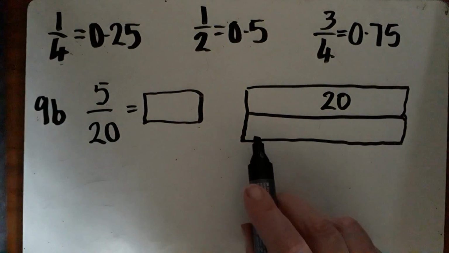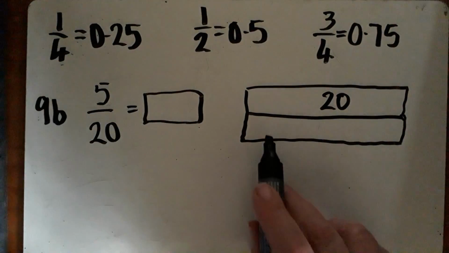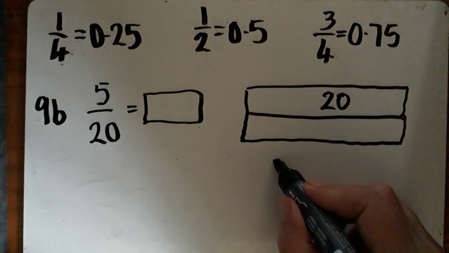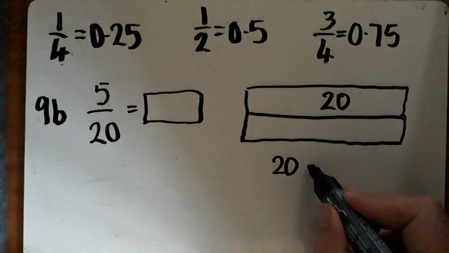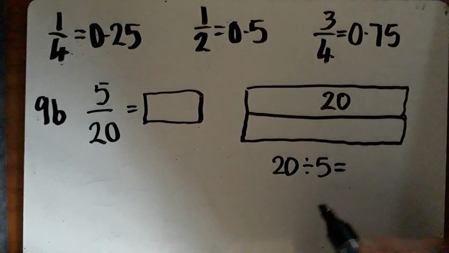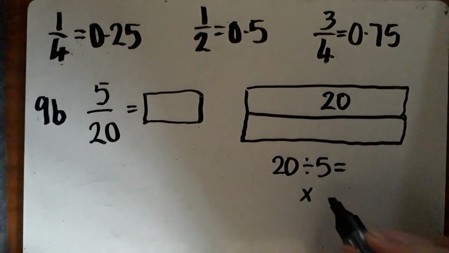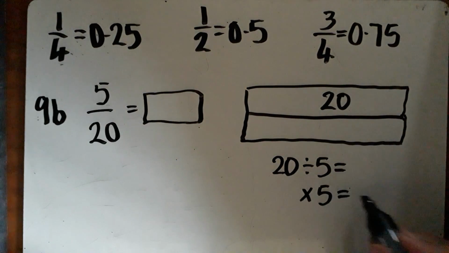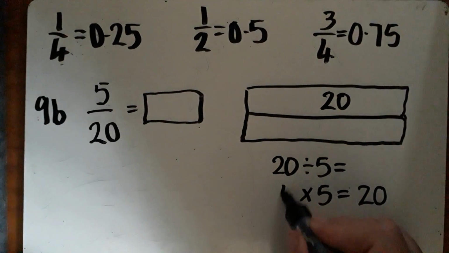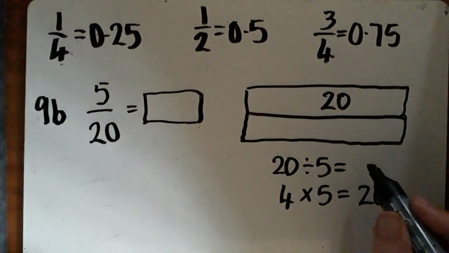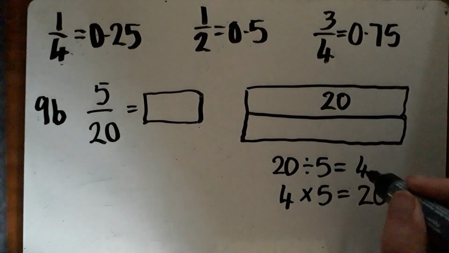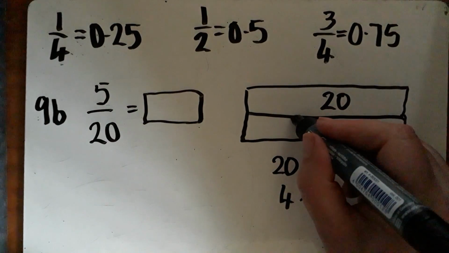So what I want to know is how many groups of 5 go into this bar, okay? All right, so I do 20 divided by 5, right? If you can't see it, something multiplied by 5 is 20. Okay, so you should know that 4 times 5 is 20 and 20 divided by 5 is 4. So this bar is divided into 4 groups.